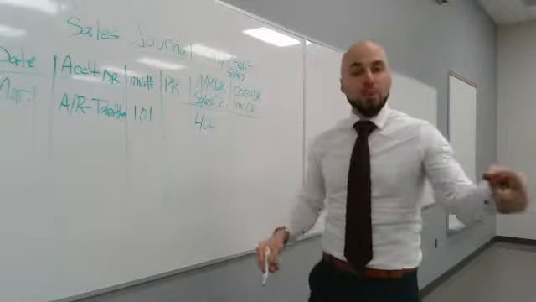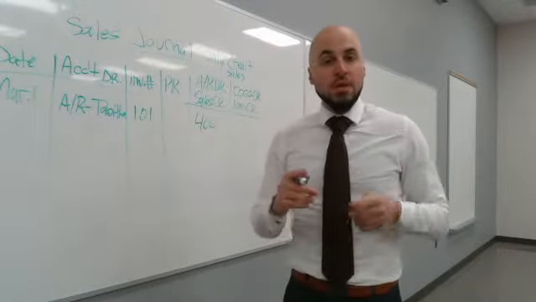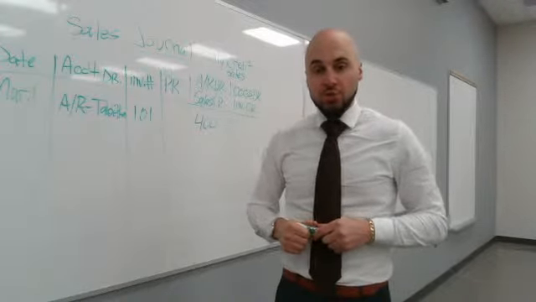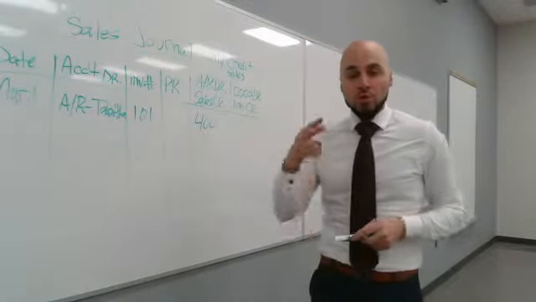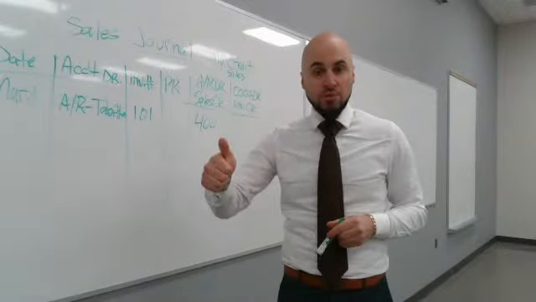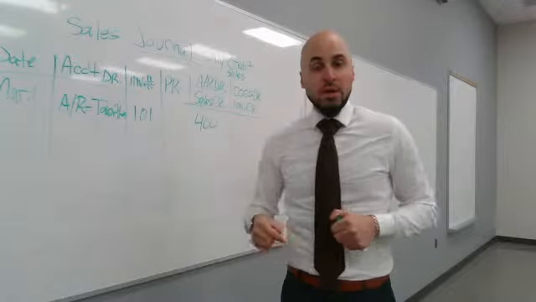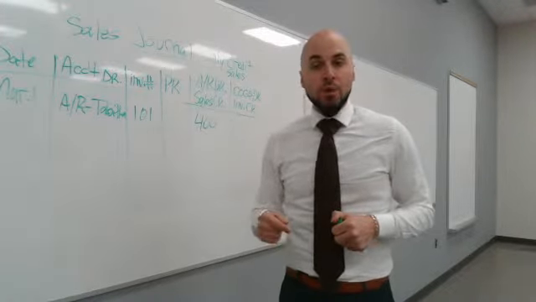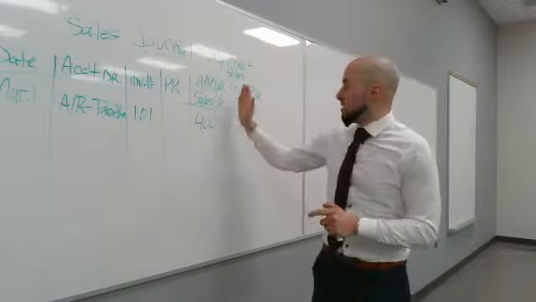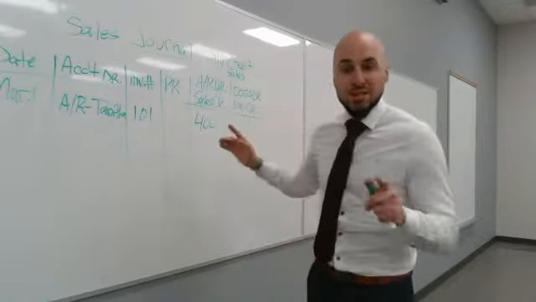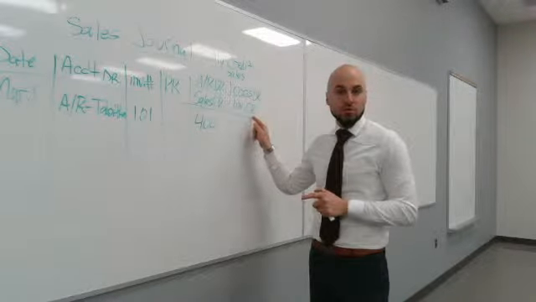And then to our periodic perpetual discussion, in the perpetual system, when you make a sale entry, you have to do a double entry to record how much you paid for it, the cost of goods sold and the inventory that is now decreasing as a result of that sale. If you're using the periodic system, then you don't need this final column because the periodic system does not record inventory continuously.